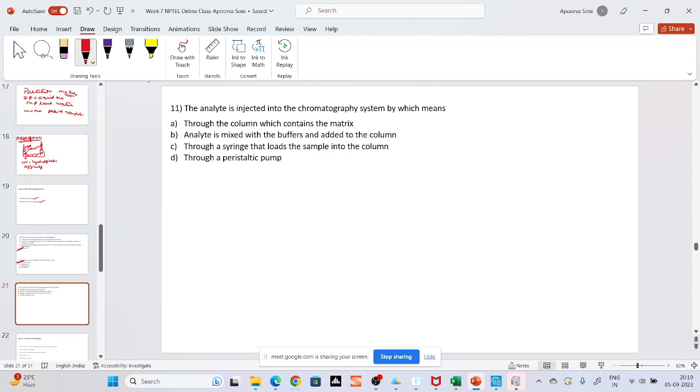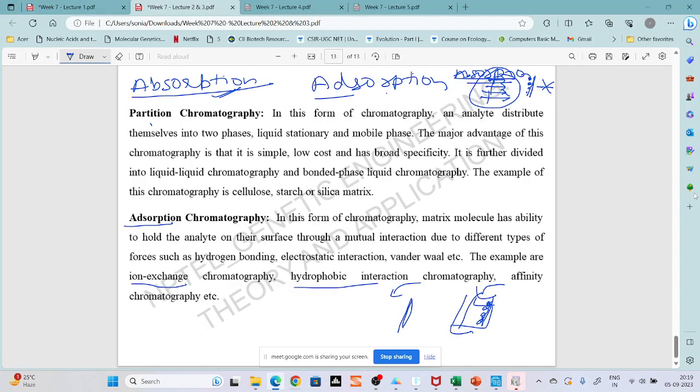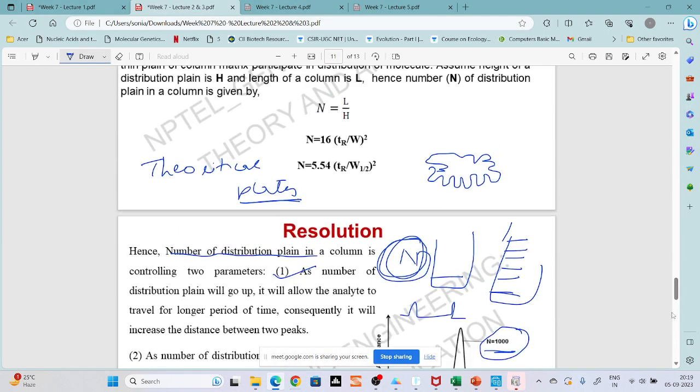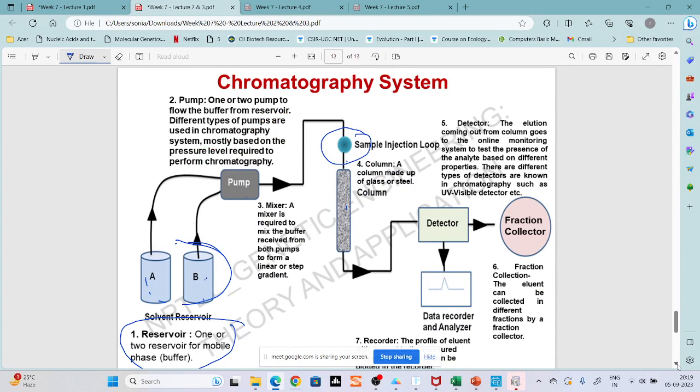So basically, just a minute. You see here, the sample is injected with the help of a sample injection loop.